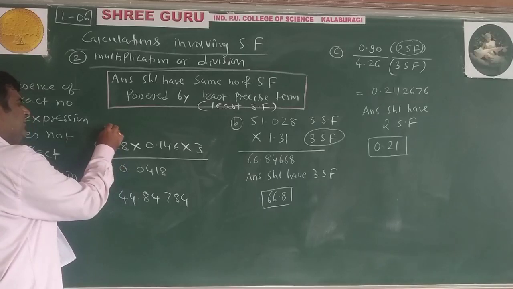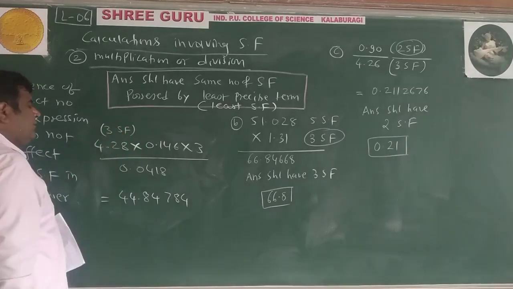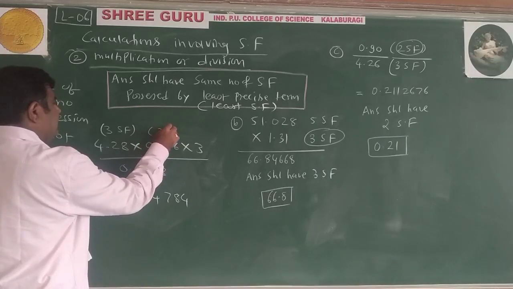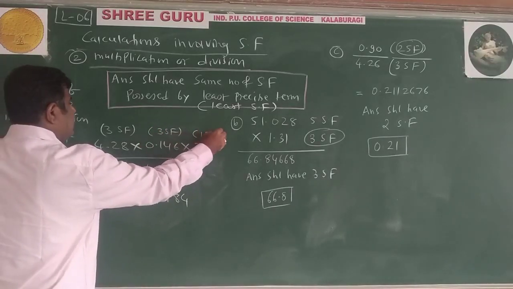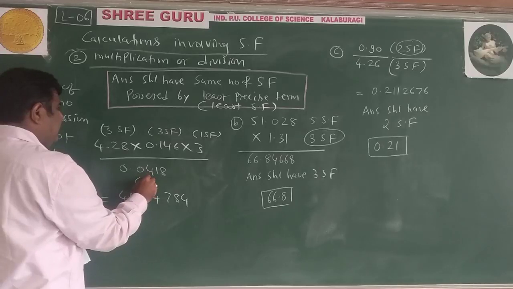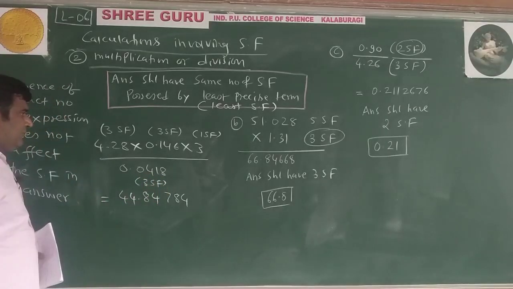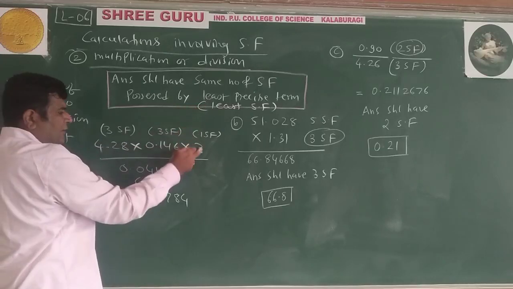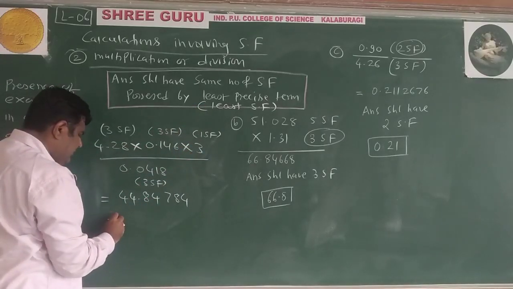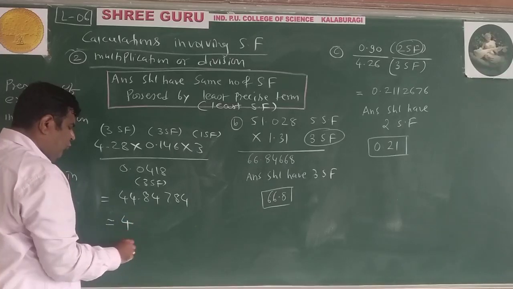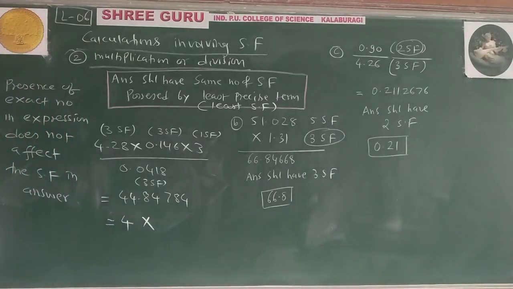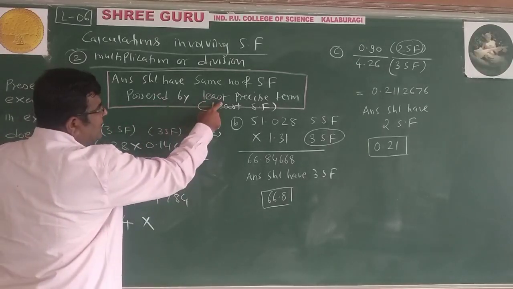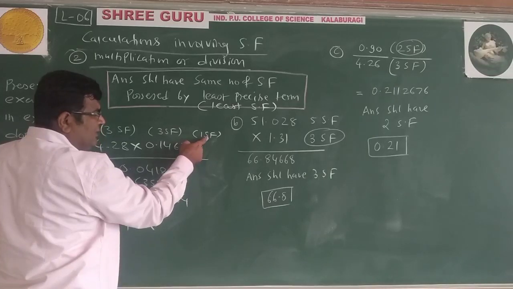It is 1, 2, 3 significant figures here. 3 significant figures, 1 significant figure, 3 significant figures. Now, the least is 1 significant figure. So, we cannot write this answer as just 4. This will be wrong, isn't it? Because we already said that the answer should have the same number of significant figures possessed by the least precise. Least precise is 3 here, which has only 1 significant figure.